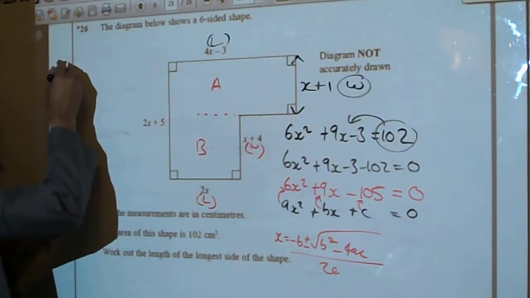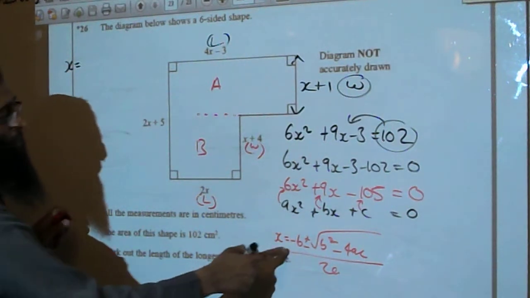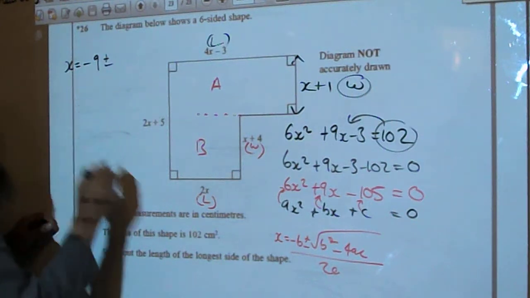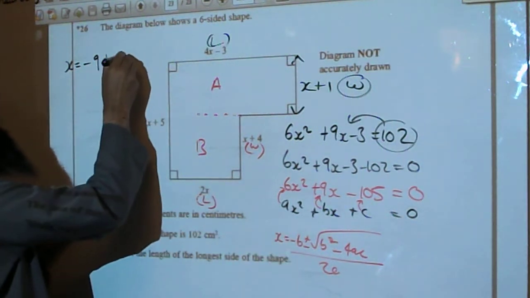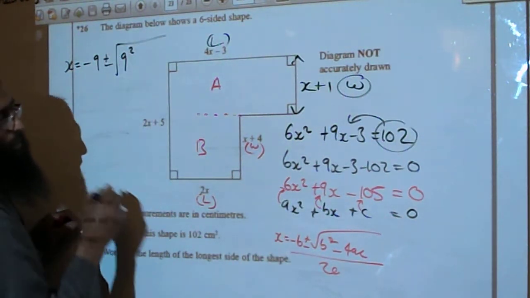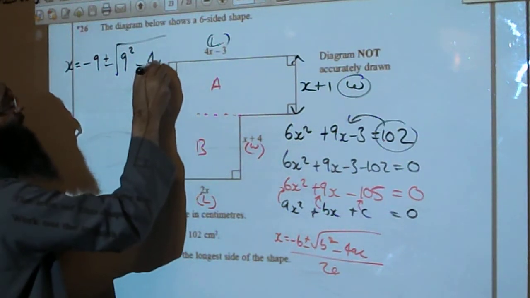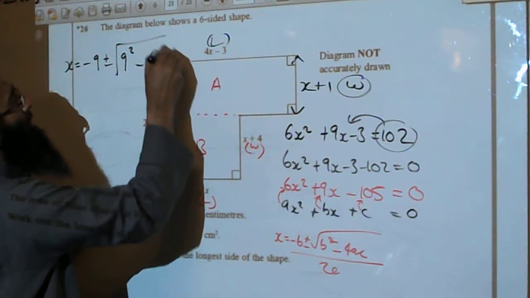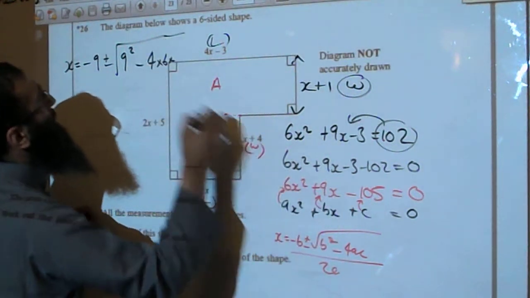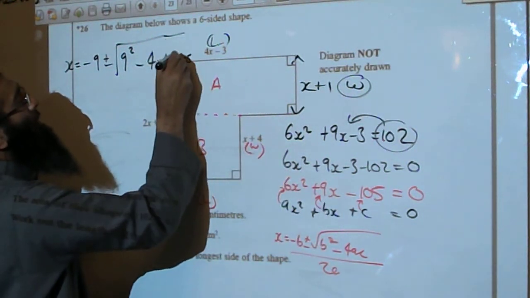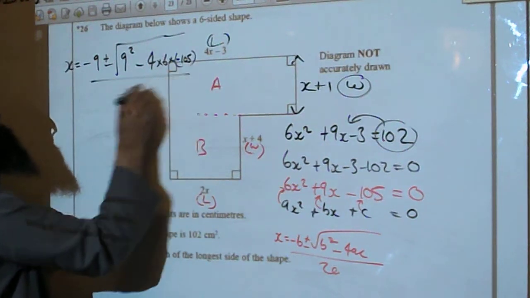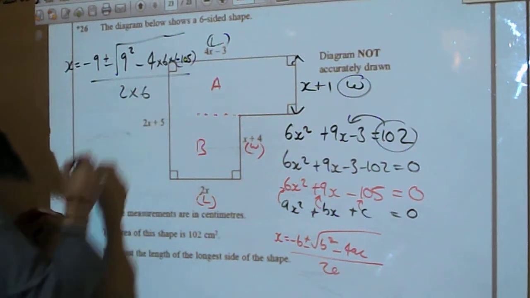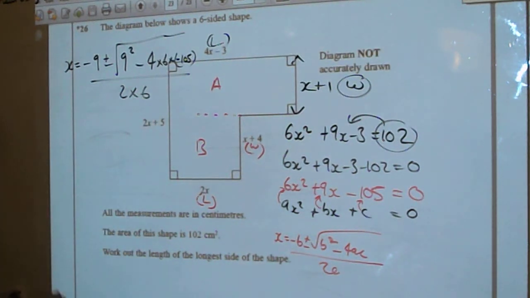So we have over here x is equal to minus b, so minus 9, plus or minus the square root of b squared, which is 9 squared, take away 4 times the a value, which is 6, times the c value, which is minus 105. And all of that's going to be divided by 2 times the a value. Okay, that gives all the solutions.